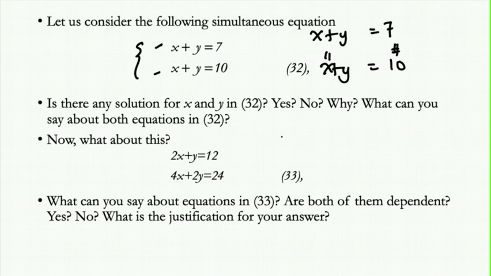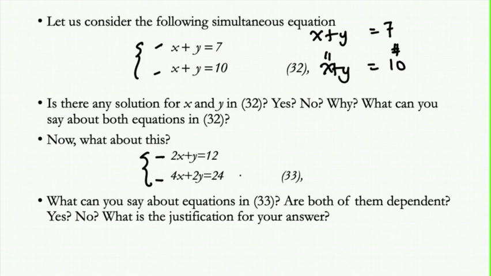Now let's look at the second one here, 33. We have the first one here, 2x plus y equals 12. And the second one here is 4x plus 2y equals 24. This is the first equation, this is the second equation. So we have two unknowns, x and y. But before we proceed with the calculation, do you see any relationship between the first one and the second one?